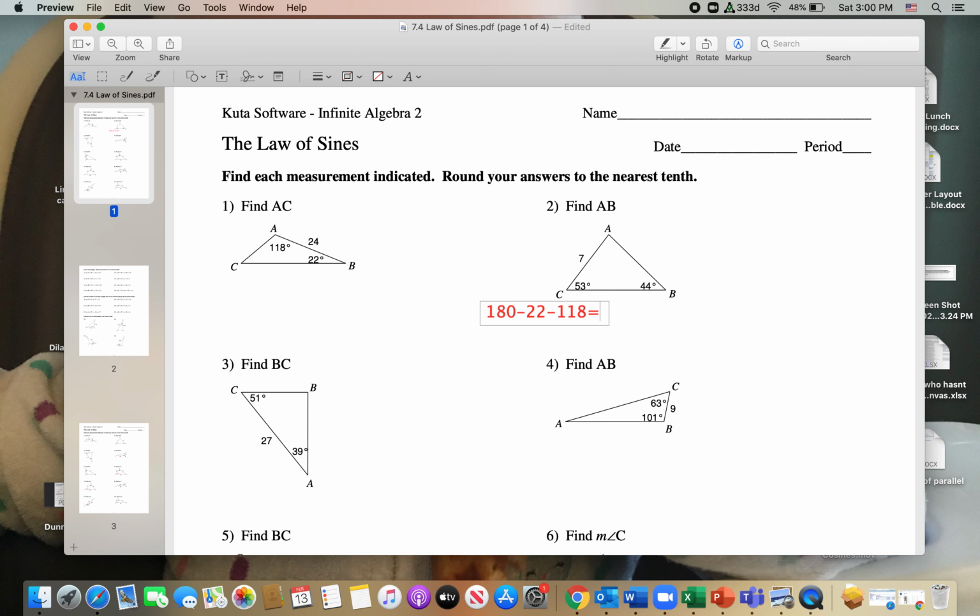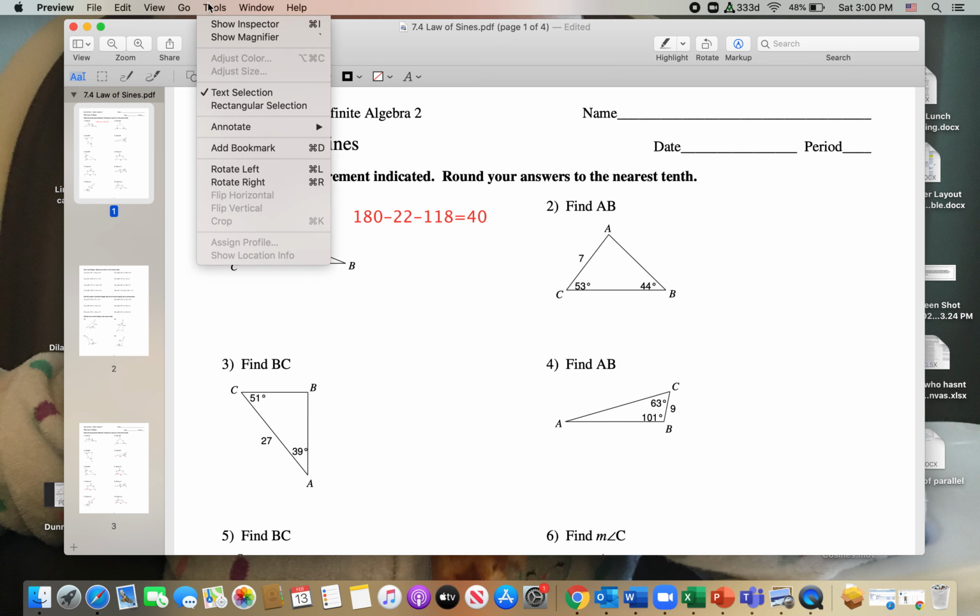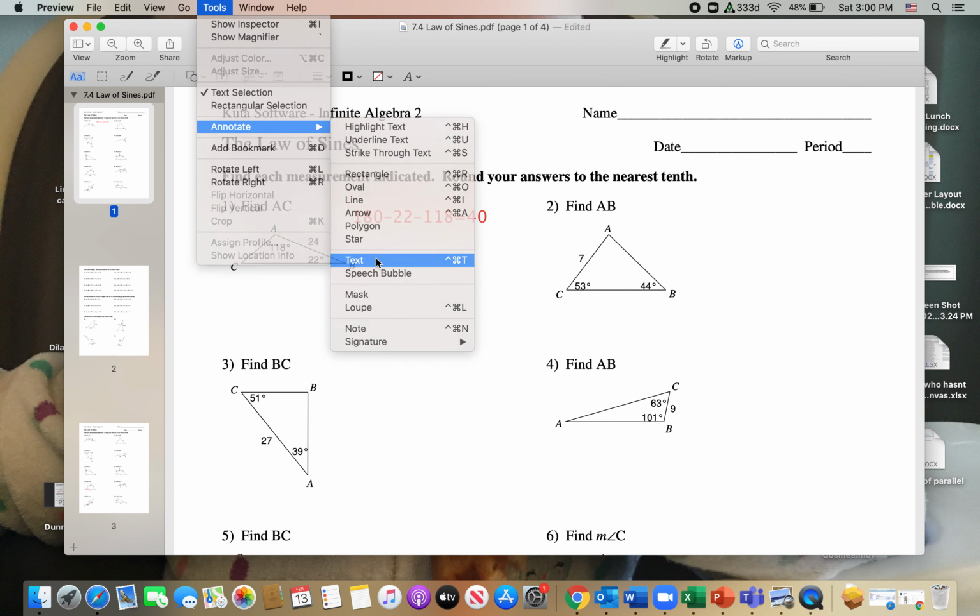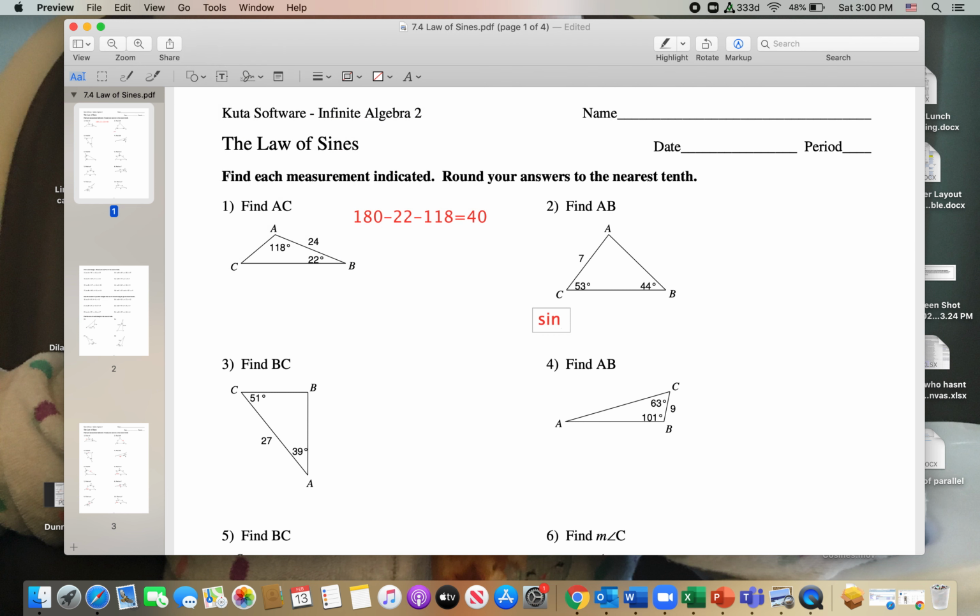That equals angle C. So that means we now can put sine of degrees over side: sine of the 40 over the opposite side, this side, 24, would equal the sine of 22 over what we need, b, or AC as they're calling it right there.